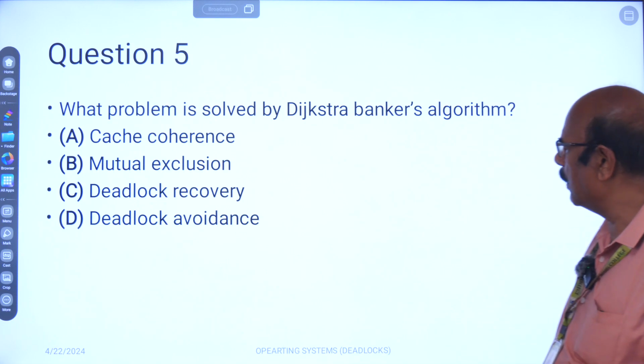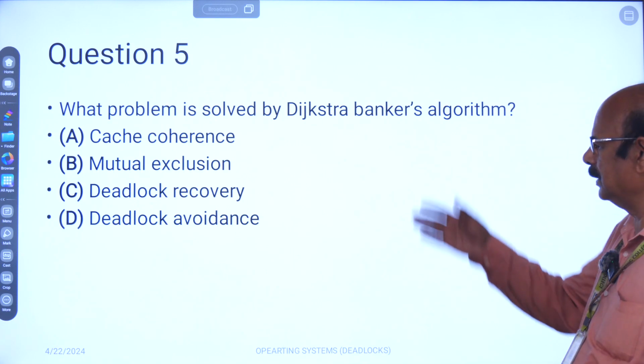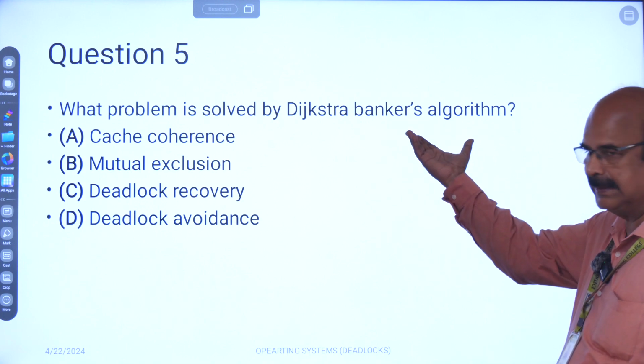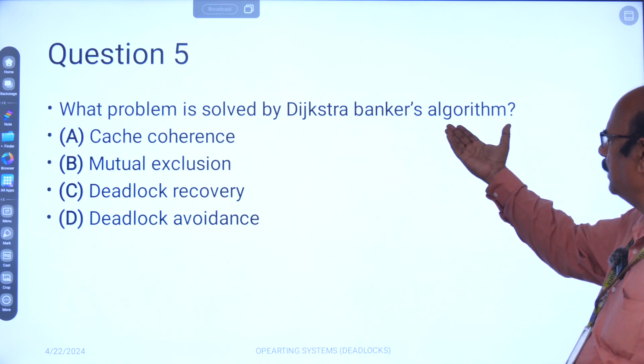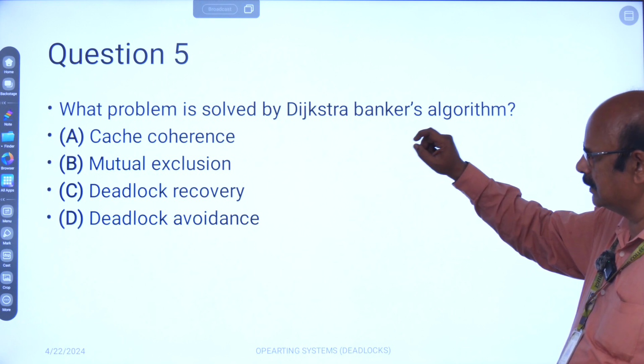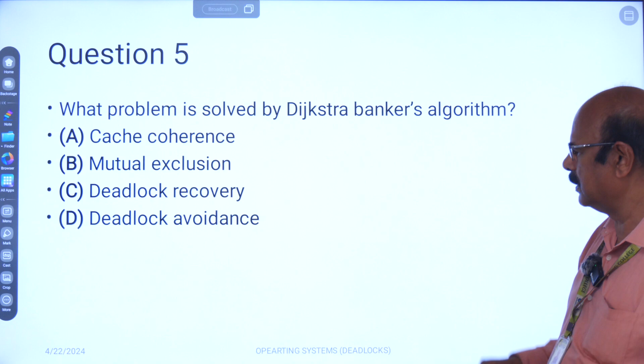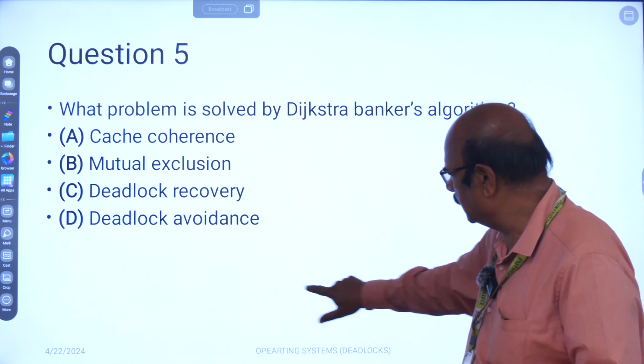Next, what problem is solved by Dijkstra's Banker's algorithm? Whenever we see the definition of Dijkstra's Banker's algorithm itself, the options are cache coherence, mutual exclusion, deadlock recovery or deadlock avoidance.